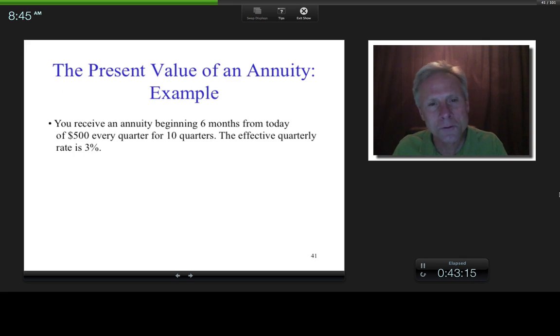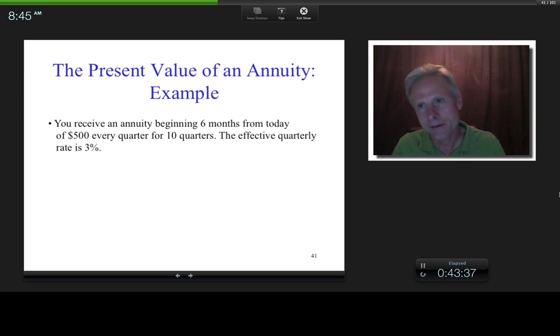So let's go through an example. You receive an annuity beginning 6 months from today of $500 every quarter for 10 quarters. The effective quarterly rate is 3%. Notice that's a little bit unusual. In real life, they're not going to tell you an effective rate.